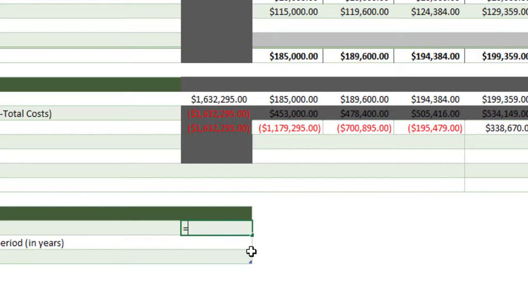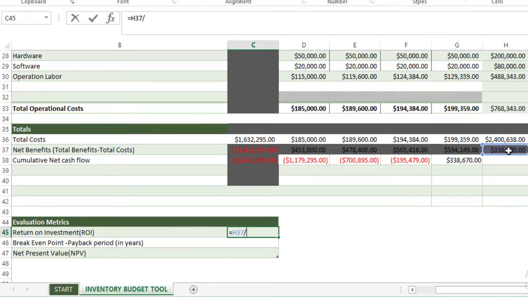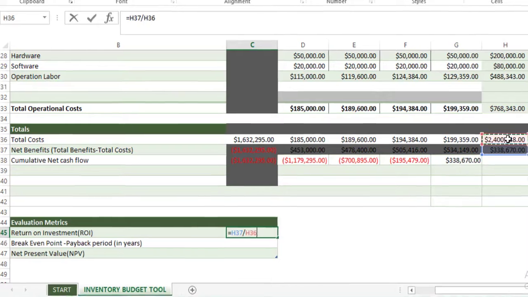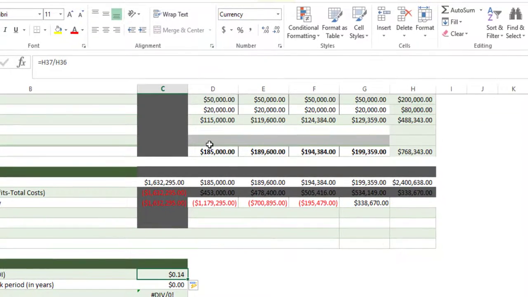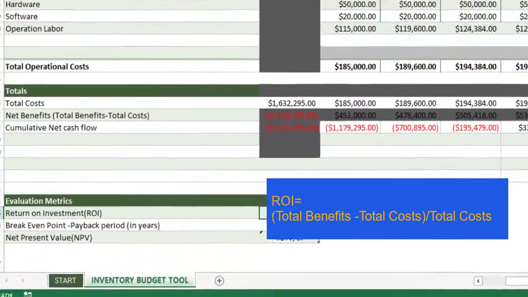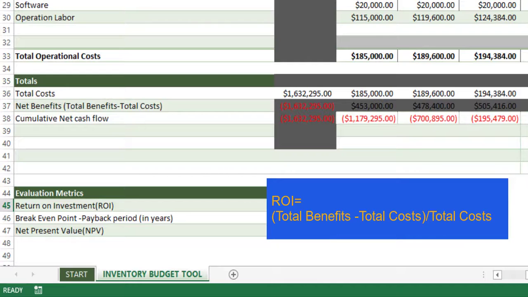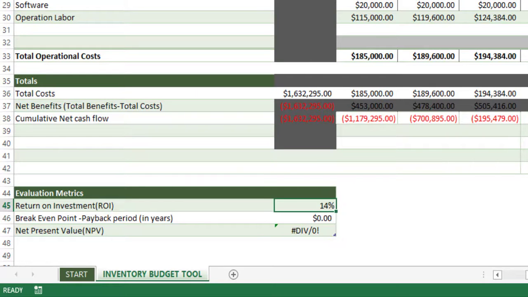So that means we are going to get the net benefit, we divide by the total costs, which is that one, and then we are going to represent this value as a percentage, and that is going to make our return on investment.